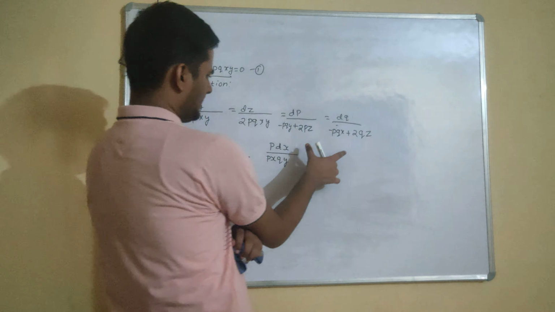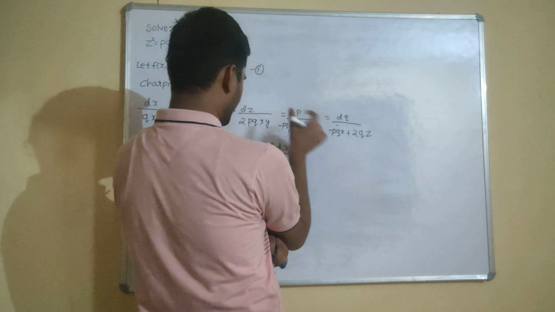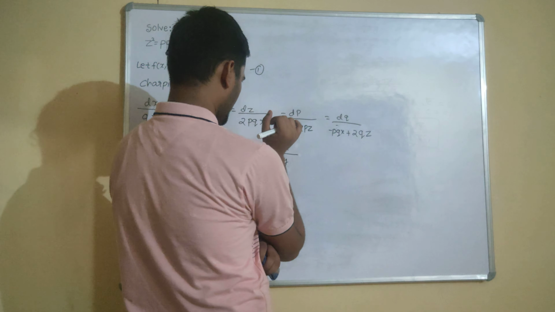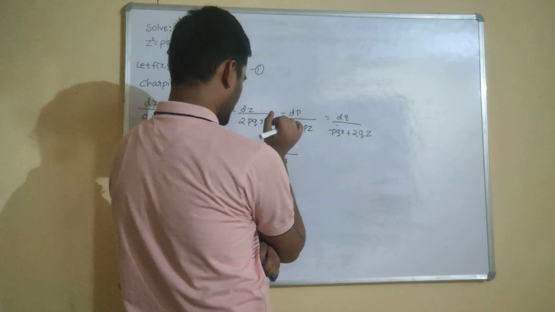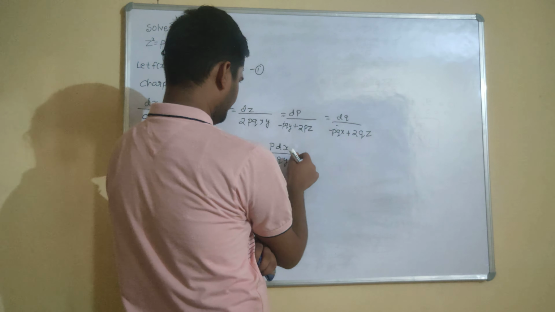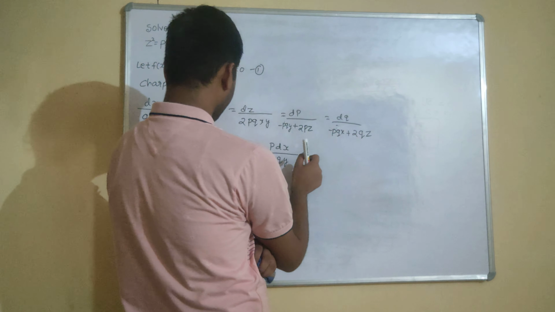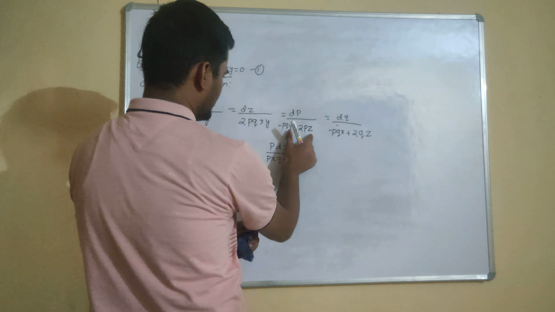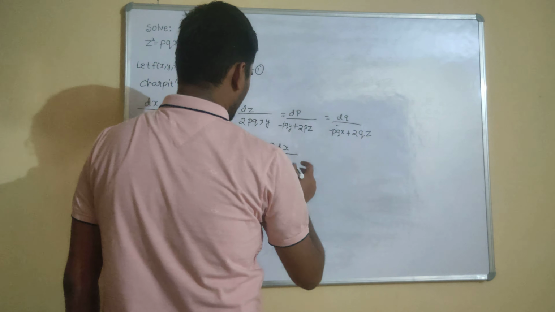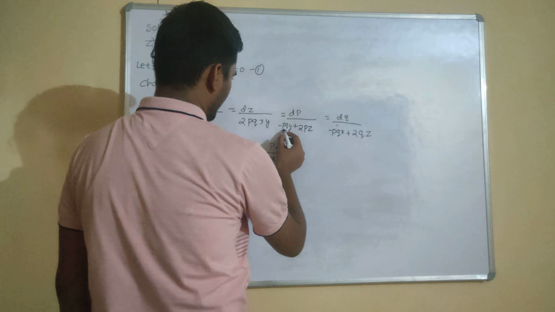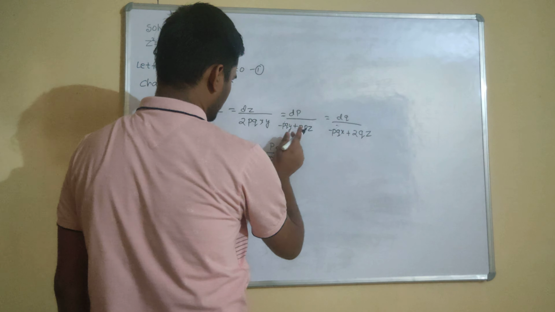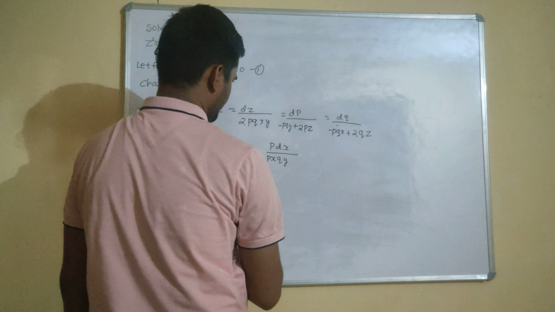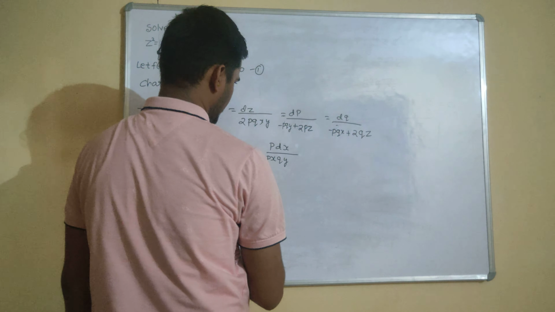And now my focus is on this or this. Multiplied by p, so let's choose this. So this I will have to definitely multiply by q, both the terms.